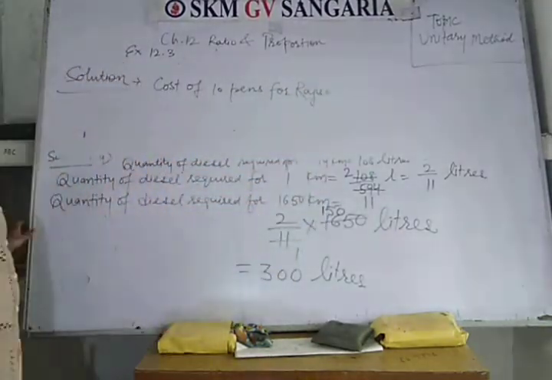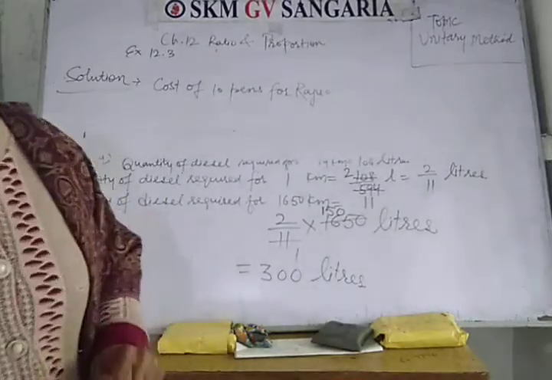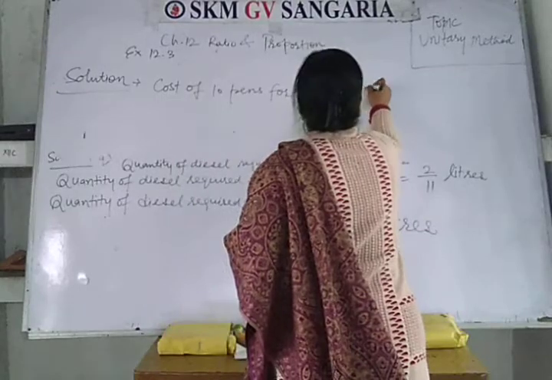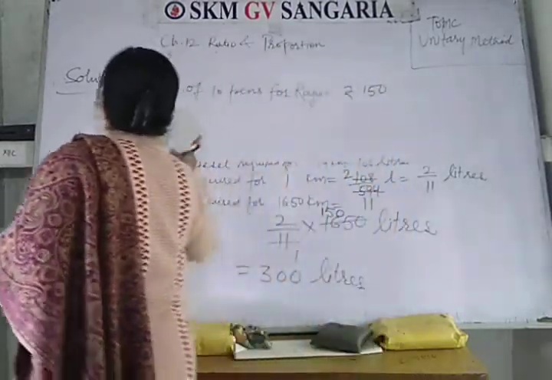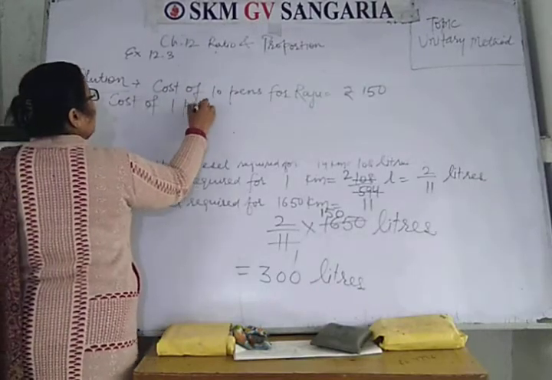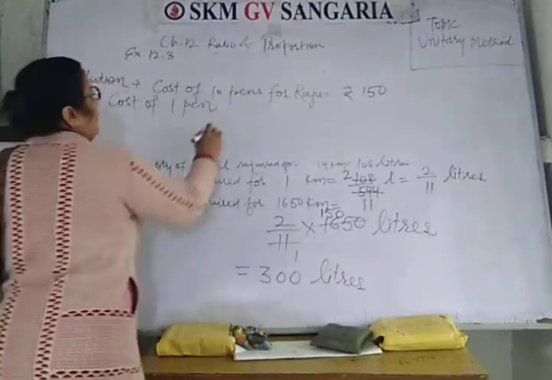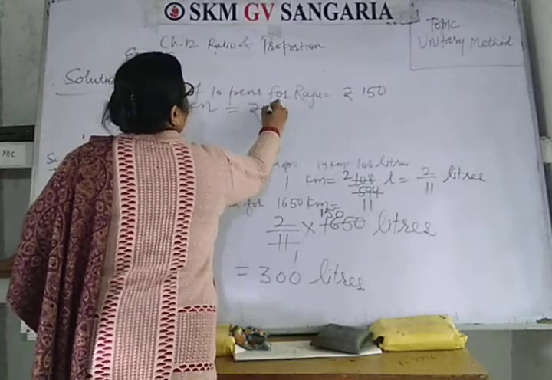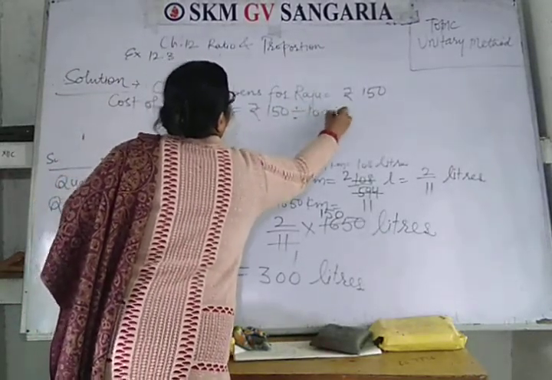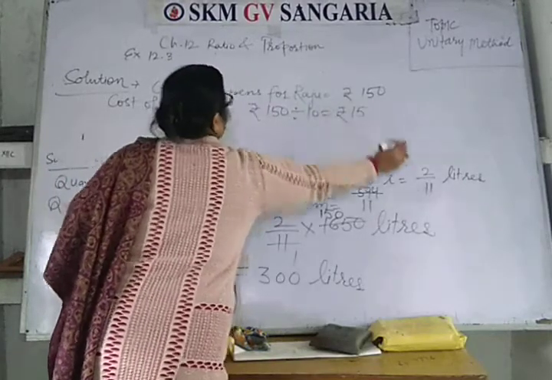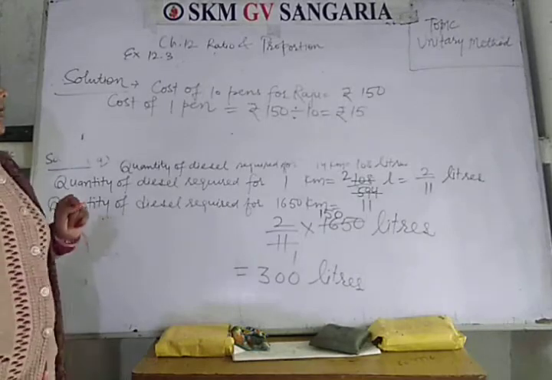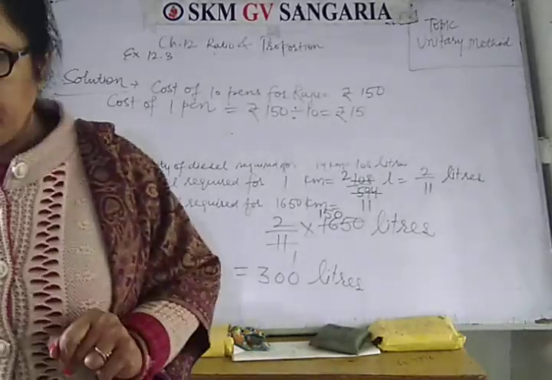What is the cost of 10 pens for Raju? That is rupees 150. So we will find the cost of one pen. Only then we can compare. For one pen, what will we do? We will divide 150 by 10. So it costs rupees 15. The cost of one pen for Raju is rupees 15.